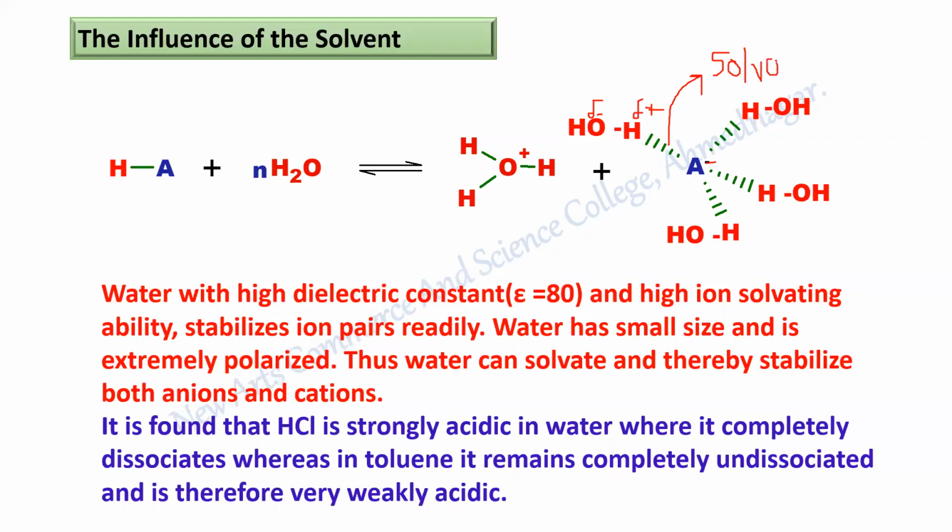Because of this solvolysis, what happens? It gives stability to the conjugate base. Now the conjugate base is more stable because of the positive-negative interaction between the solvent and the conjugate base. So solvolysis increases the stability of the conjugate base. And as we just discussed, if you increase the stability of the conjugate base, then the reaction goes in the forward direction.